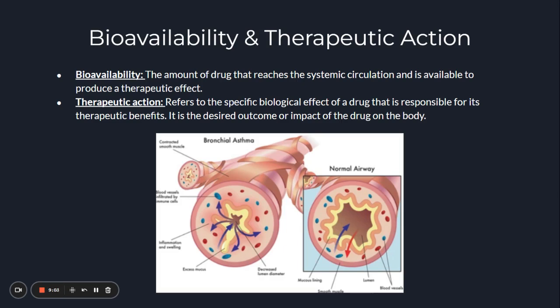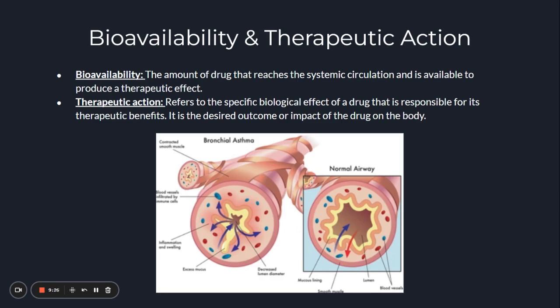So a drug with a high bioavailability means that most of the package is delivered to the destination, while a drug with a low bioavailability means that only a small percentage of the package reaches the destination. This concept is important for us as paramedics to understand because it can affect the effectiveness of a drug and the dose required for a therapeutic effect.